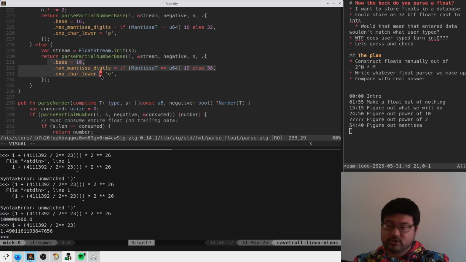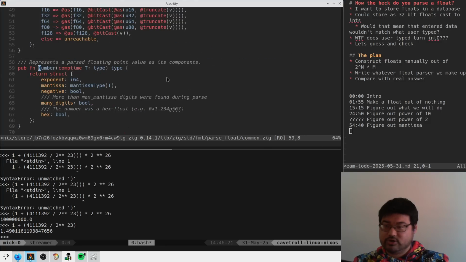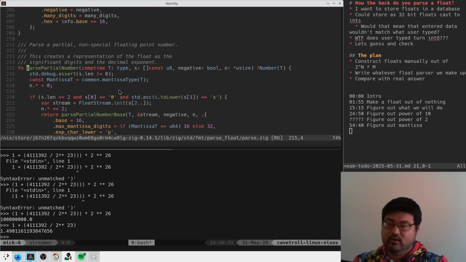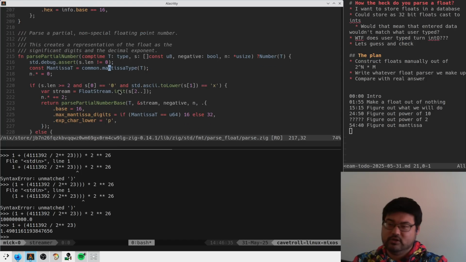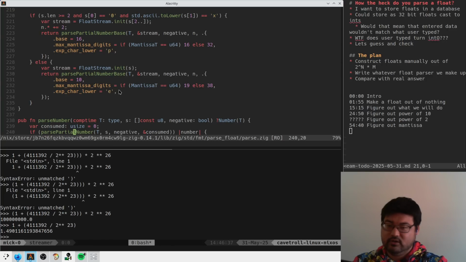Right? They're calling partial number base with base 10. And so this returns a partial number, which gives us exponent and mantissa out of this guy.